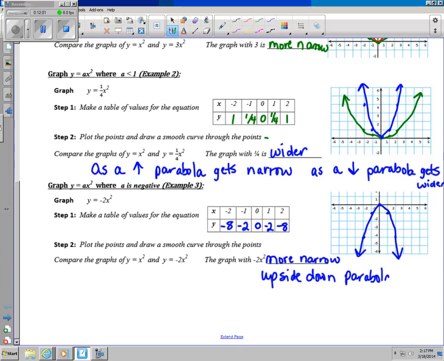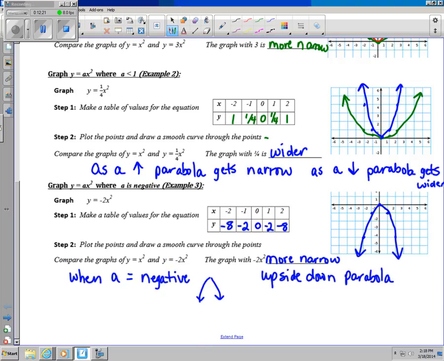So when your a is negative, your parabola turns upside down. So when a is negative, then you have an upside down parabola.